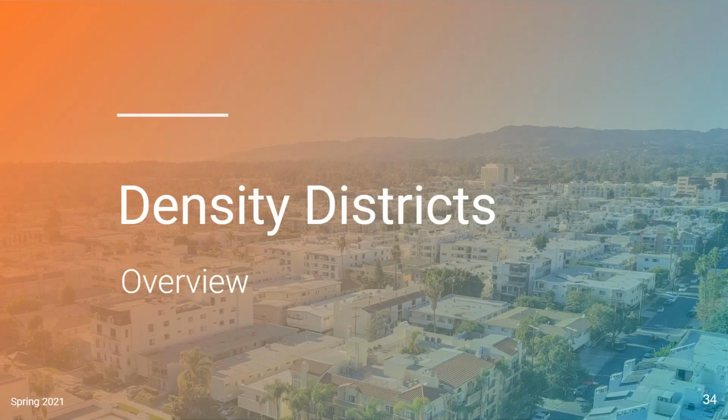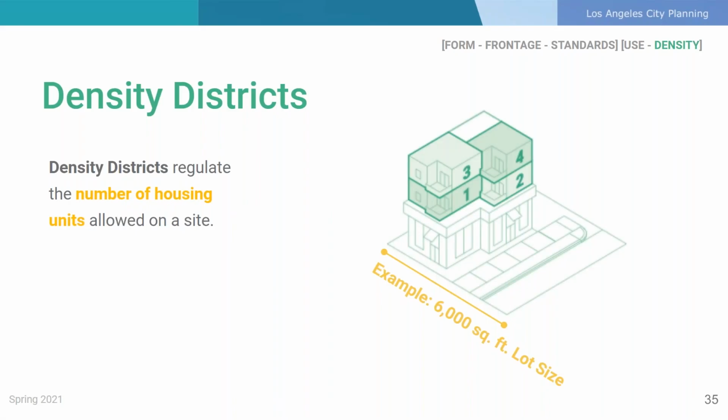The fifth component of the zone string are the density districts. Density districts are assigned to properties that allow for residential uses, and they regulate the number of housing units allowed on these properties. The density is typically regulated by requiring a certain amount of square feet of lot area for each unit.